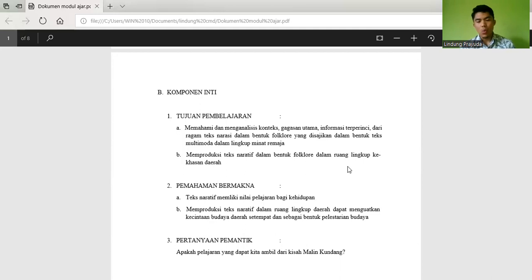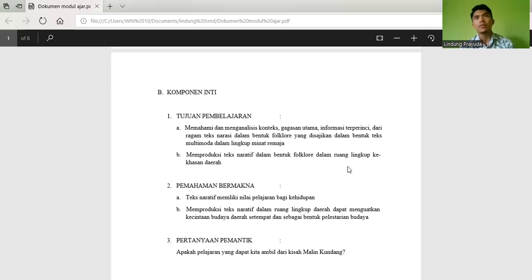For example, when they live in Payakumbuh, generally in West Sumatra, they are able to create a simple narrative text related to Payakumbuh, not outside Payakumbuh or West Sumatra.